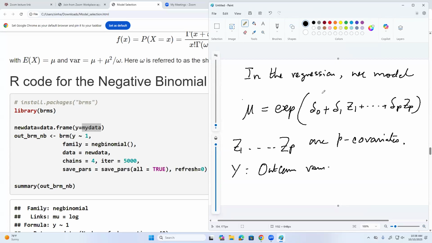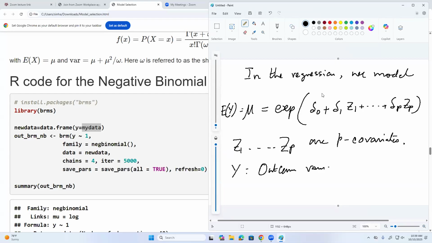And what is mu? Mu is the expectation of y. So in the regression setup, we model the expected value of y given z1, z2, ..., zp using this formula.